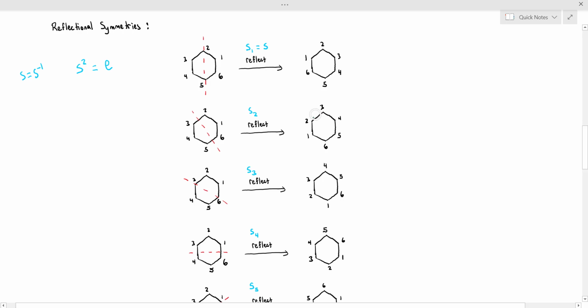Notice that this hexagon is the same as this hexagon up here, except all the vertices were shifted over by 1 counterclockwise. So 3 is now up top, 2 has shifted down to here, 1 has shifted down, and so forth. So to get from this hexagon to this one, we can accomplish that with a simple rotation by 60 degrees counterclockwise.